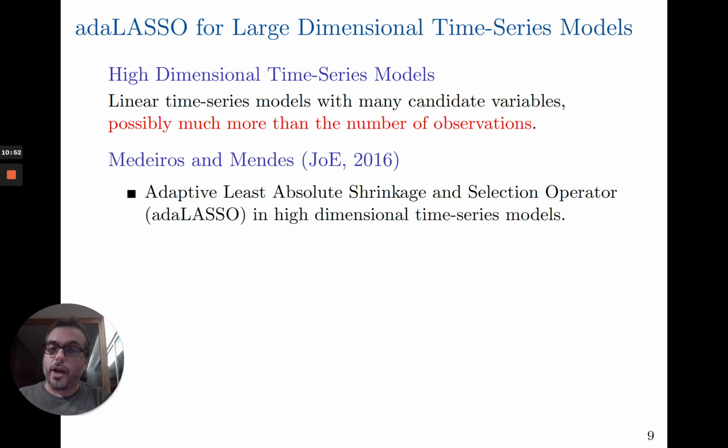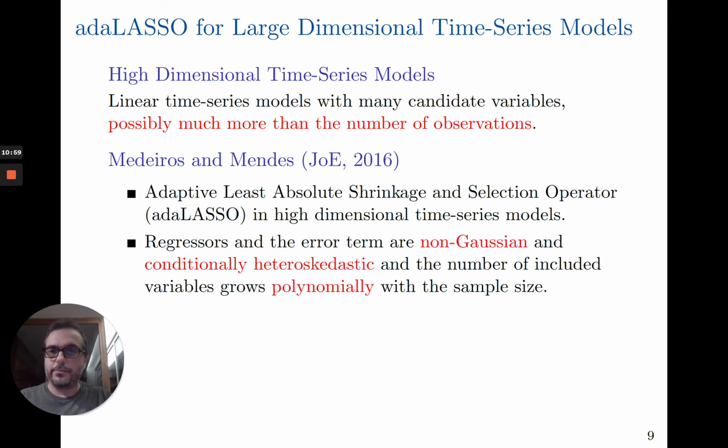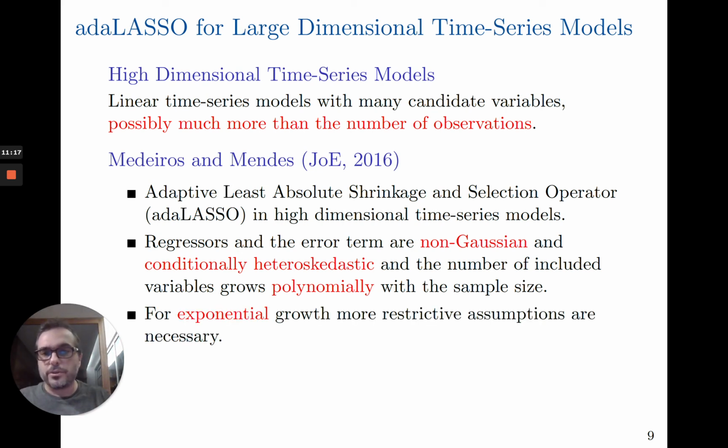Furthermore, we think about applications in finance, so the error term in the regression can be non-Gaussian and heteroscedastic, and the number of included variables can grow polynomially with the sample size. We also have results for exponential growth, but then we have to impose a more restrictive set of assumptions.